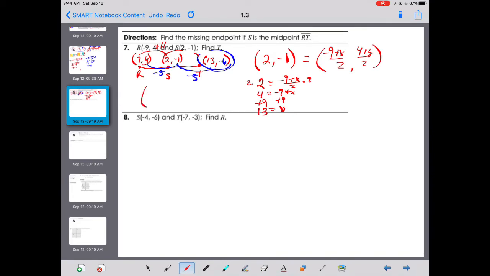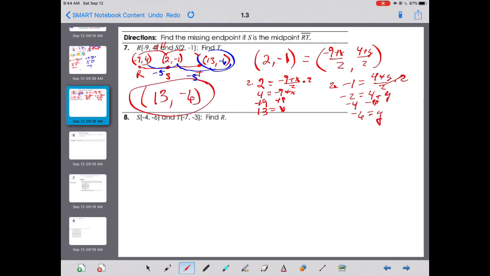X equals 13. And then we got negative 1 equals 4 plus y over 2, multiplied by 2. Negative 2 equals 4 plus y, minus 4. Negative 6 equals y, negative 6.